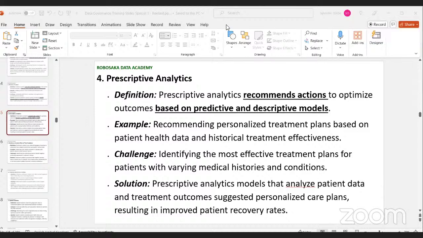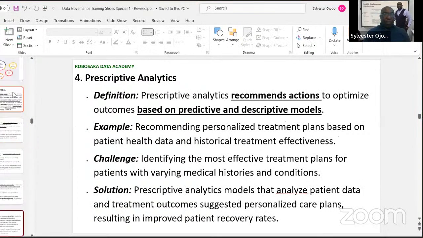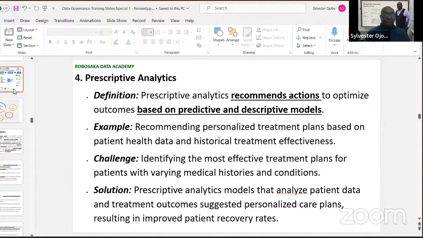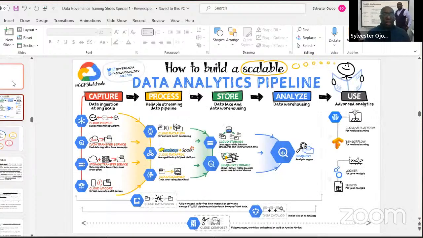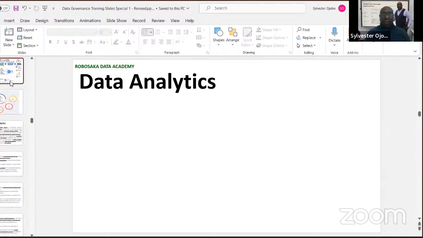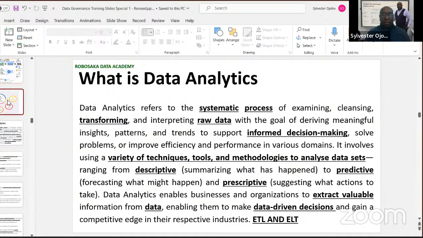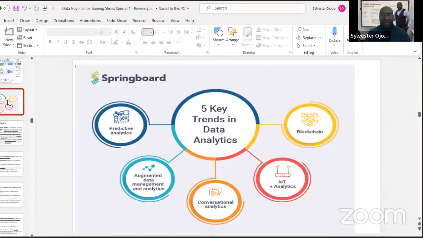Good. Right. So the last time we started with data analytics and I gave a pictorial representation of data analytics and the pipeline of it. And I was able to prepare the 5 key trends in data analytics as well.